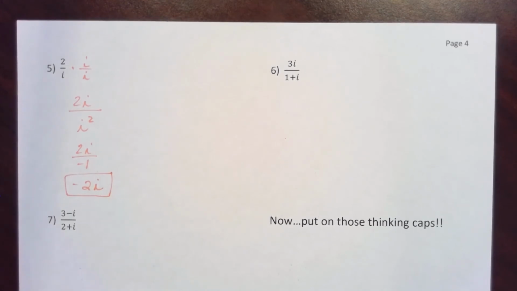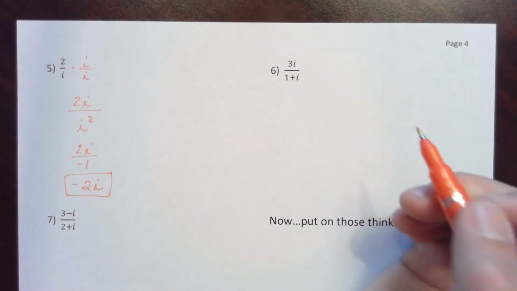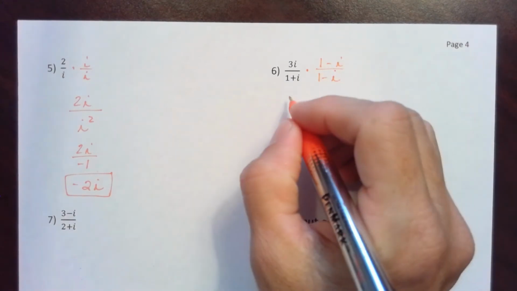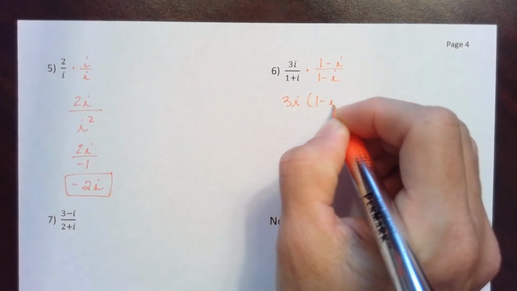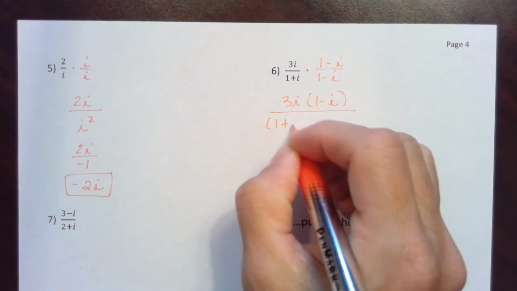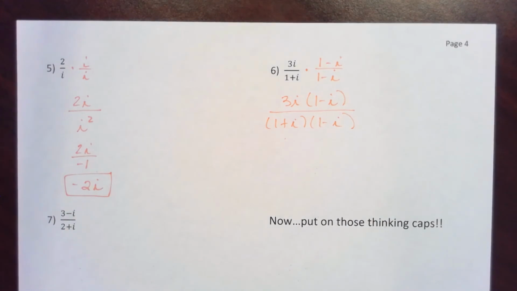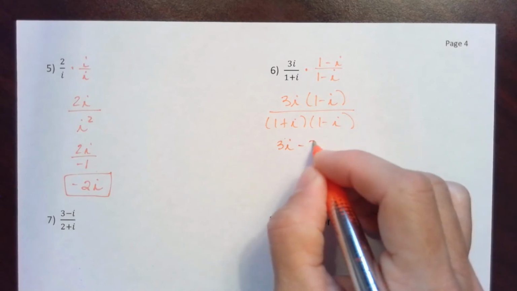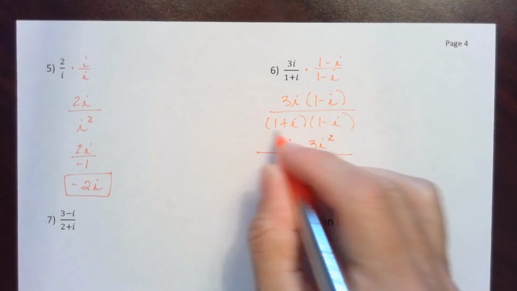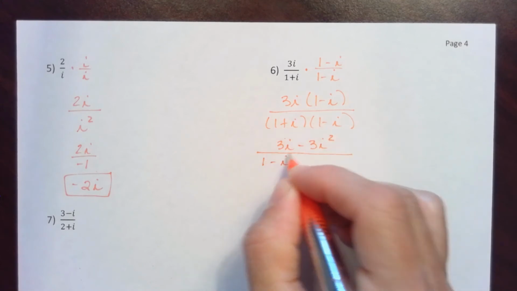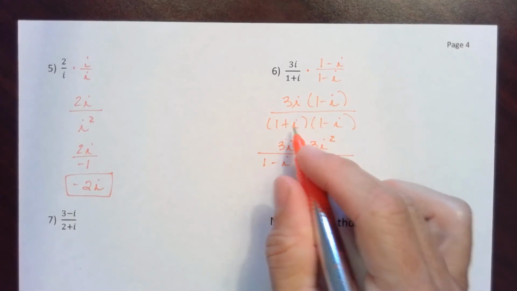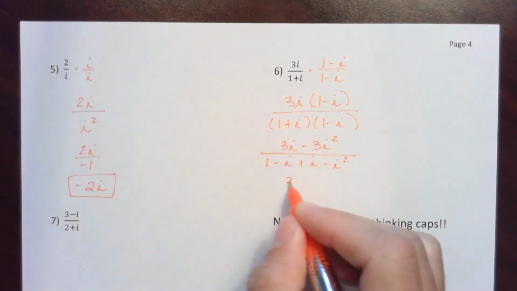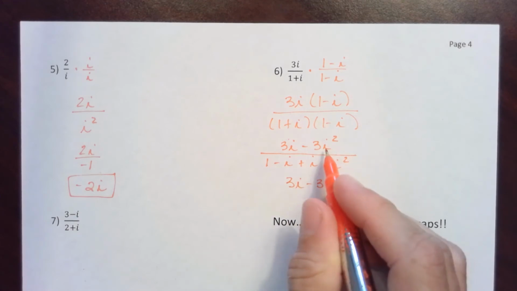On number 6, we have a complex number in the denominator. So we multiply by its conjugate. So we have 3i times (1 minus i) over (1 plus i) times (1 minus i). 3i times 1, 3i times negative i. 1 times 1, 1 times negative i, i times 1, and i times negative i. i squared is negative 1.